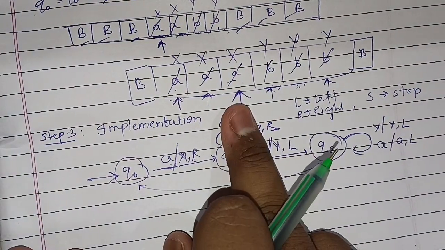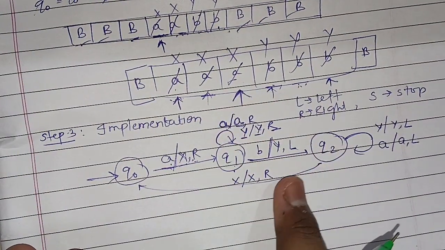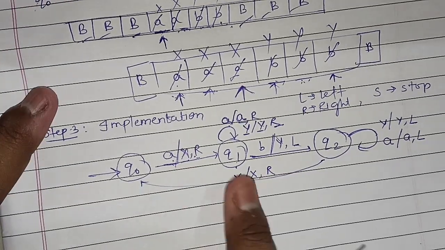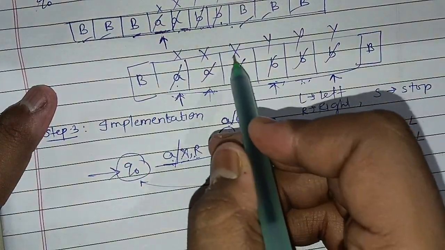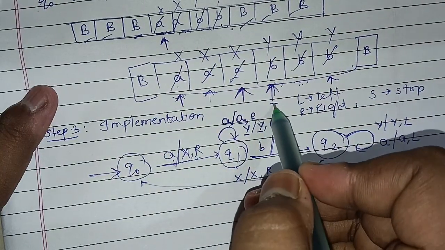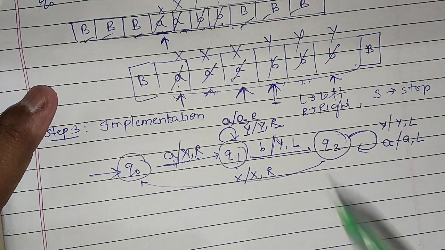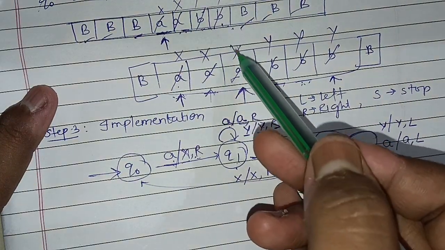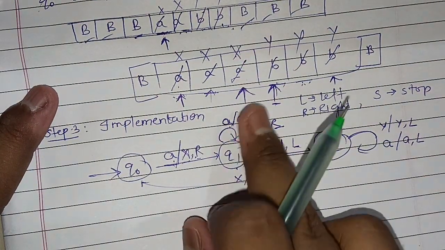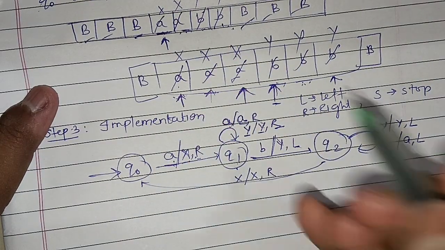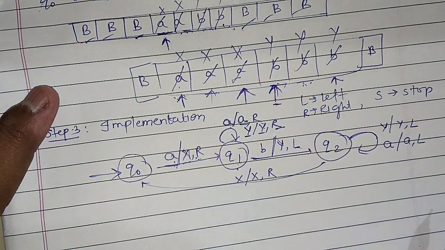Now see, it has got x, that's why it came here. Now see, it is saying move right. Now for this x I came here, move right. On moving right I got the y, means there is no x here. On the right of x there is no a, that's why I got y.